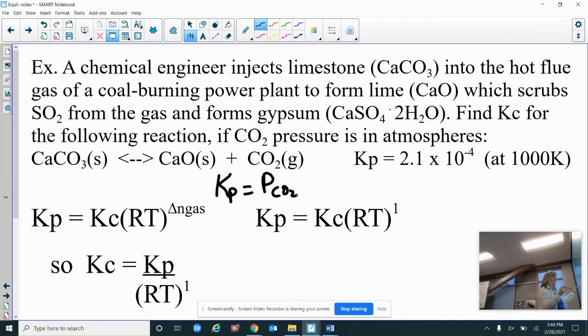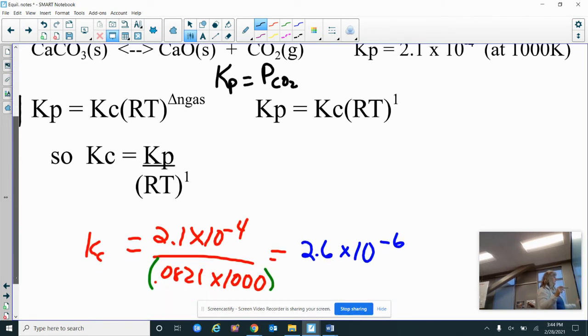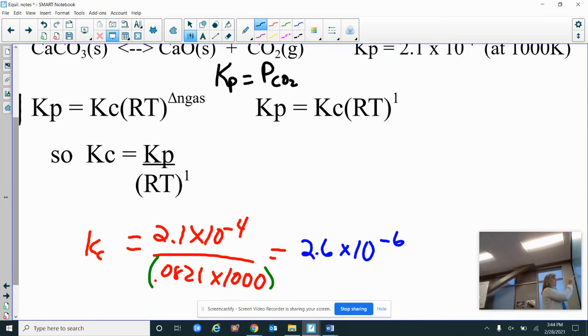Rearranging that to solve for Kc, we divide over the RT, and we get Kc equals Kp over RT. So plugging in Kp, 2.1 times 10 to the -4, plugging in R, 0.0821, plugging in the temperature in Kelvin, which is 1,000, we solve for the Kc, 2.6 times 10 to the -6.